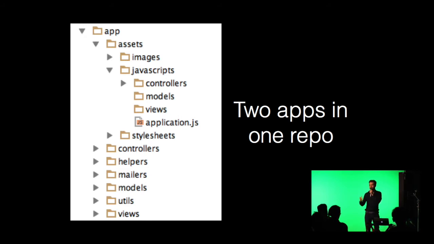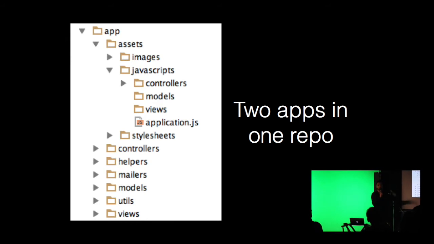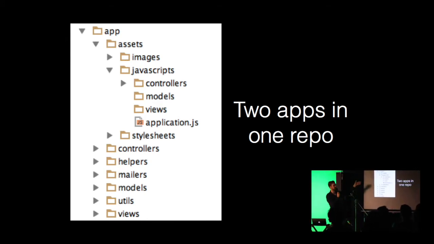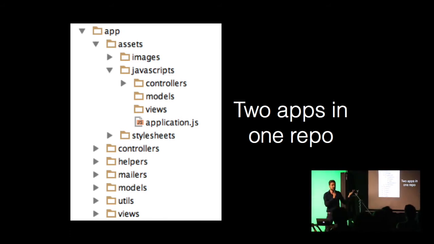I find it really hard to wrap your mind around that concept, where in your application you actually have two apps. In your classic Rails structure, you have your models, views, controllers inside the app folder, but you also have another models, views, and controllers inside your app, assets, and JavaScripts. And which is where?